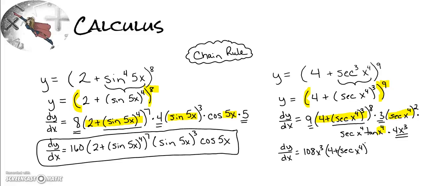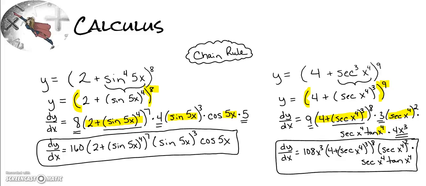Secant x to the fourth, cubed, to the eighth, times secant x to the fourth squared. And we still have that secant x to the fourth tangent x to the fourth. And that's our final answer.